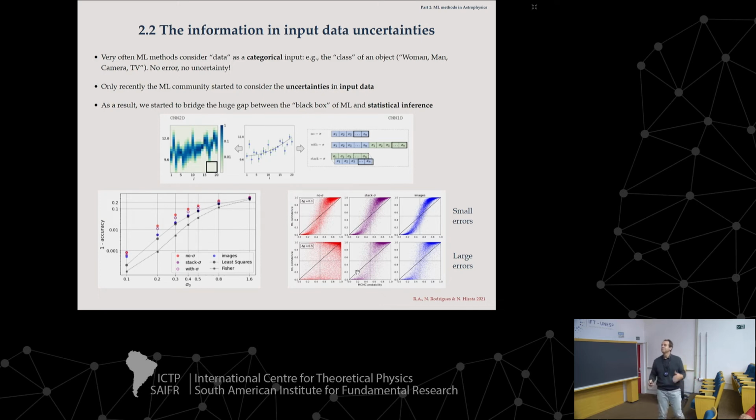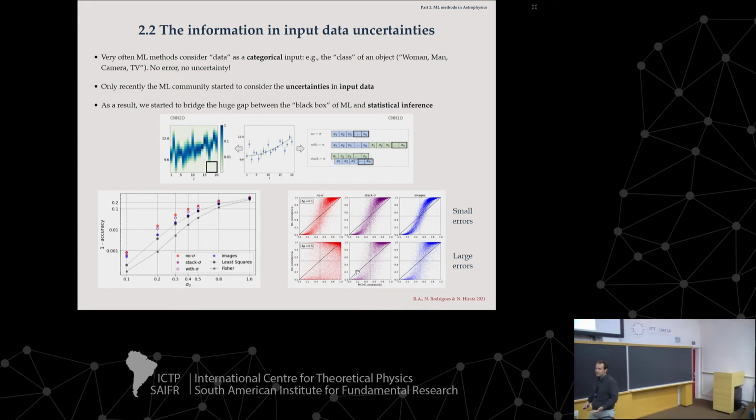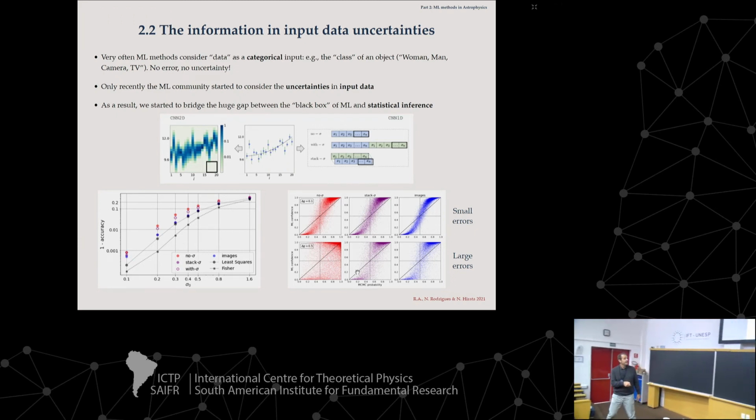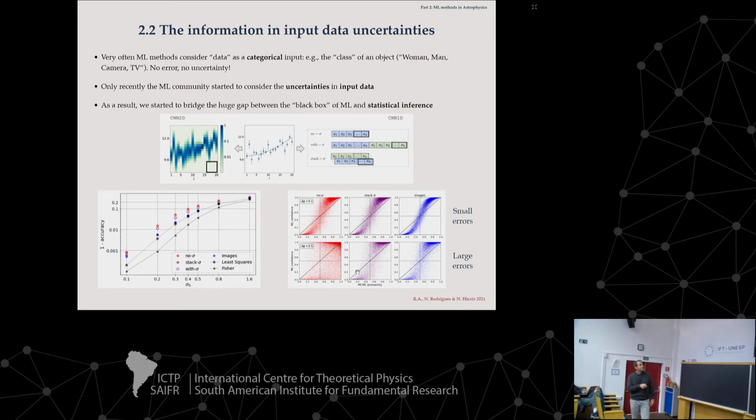Now, it turns out that errors, of course, are the basis of any statement that you make about signal and noise, and therefore of the relevance of the data points. And we've done here a quick study of how including the errors makes your whole machine learning code work better. It turns out that machine learning codes can be tuned to return you something which is almost a probability.